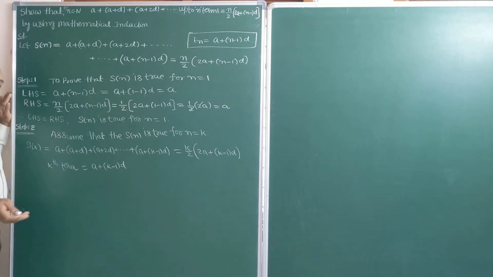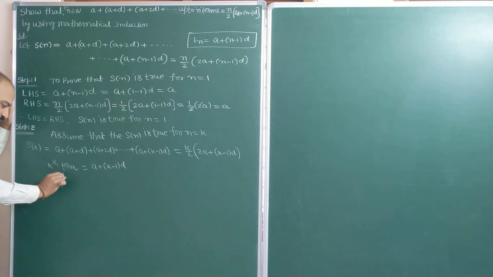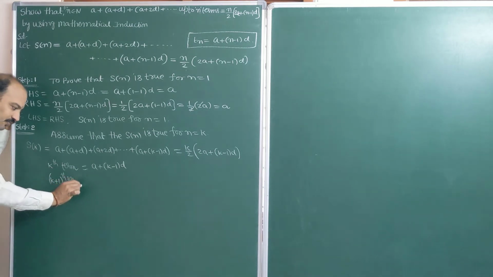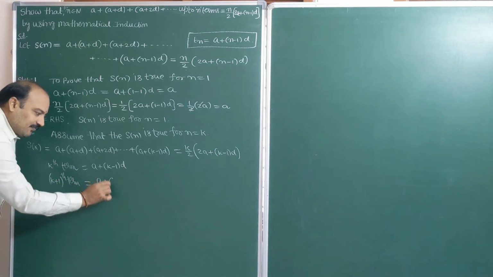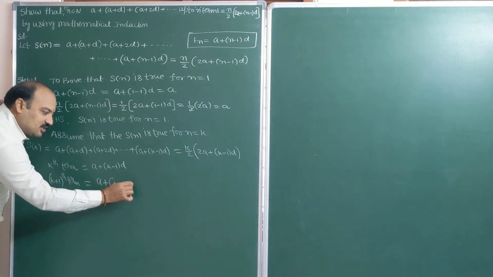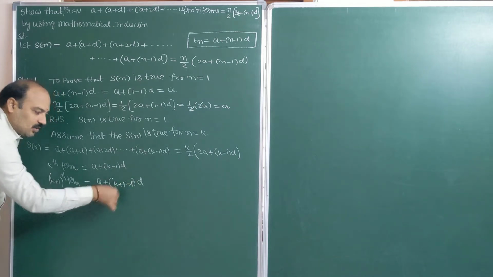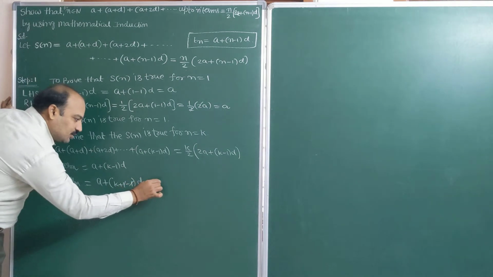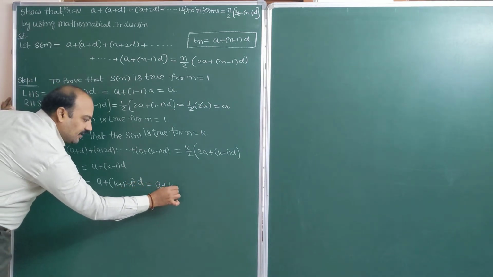To prove it, here I want the k plus 1th term. So wherever k is there, replace with k plus 1. So the k plus 1th term equals A plus k plus 1 minus 1 into D. Plus 1 minus 1 gets cancelled, which is equal to A plus kD.